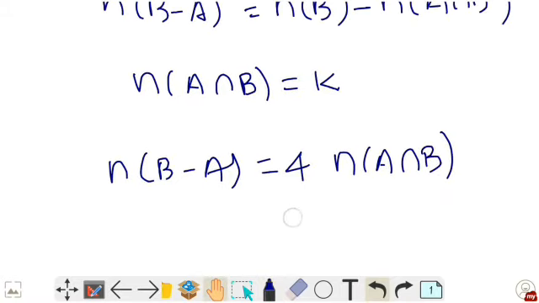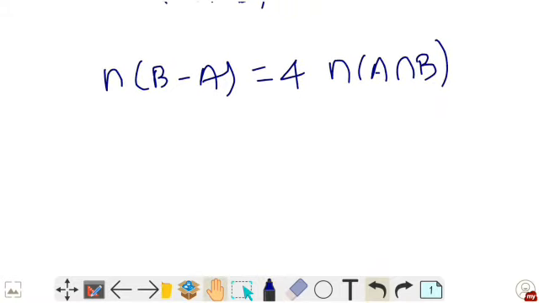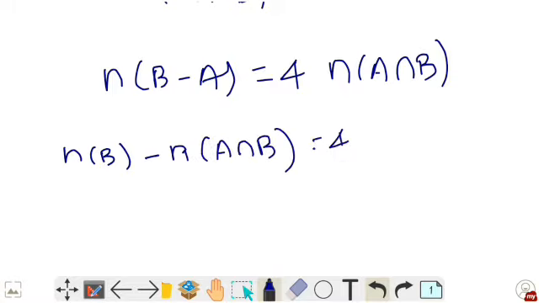We know n of B minus A is n of B minus n of A intersection B, which is equal to 4 into n of A intersection B. Already we took n of A intersection B equal to k.